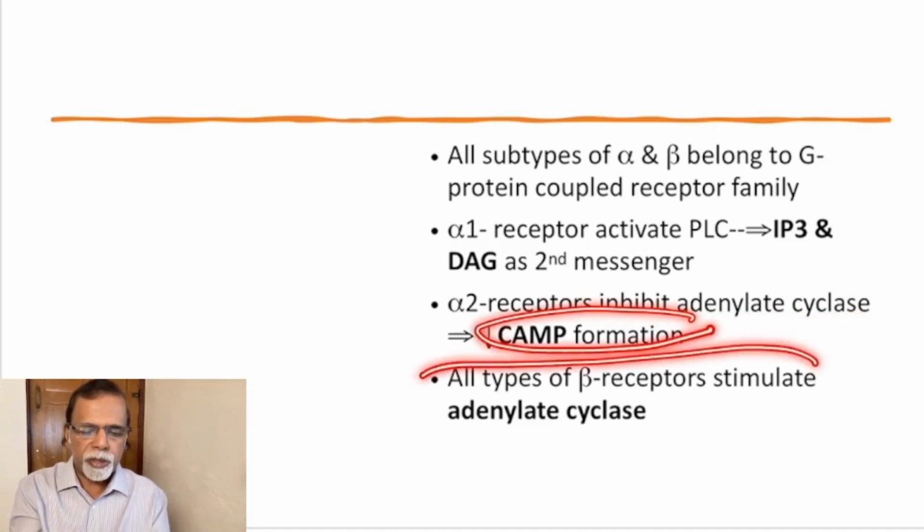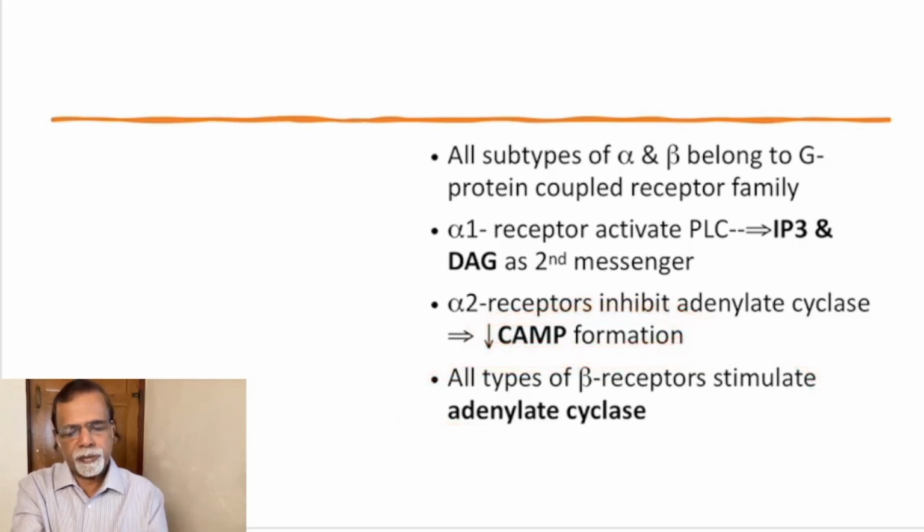All beta receptors stimulate adenyl cyclase. So alpha 2 has a different mechanism. The pathways and second messengers are different. We will study them again when the receptors are taken up in detail.